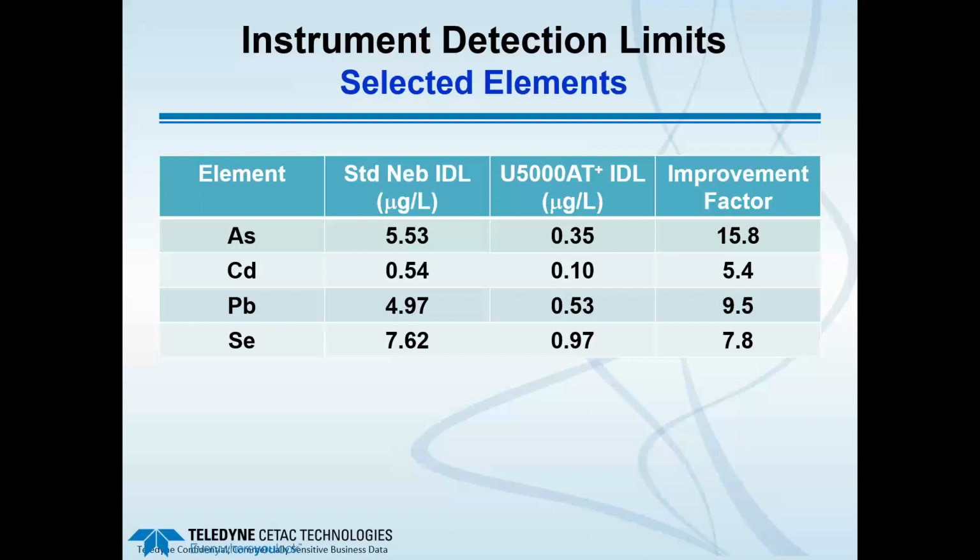But with the ultrasonic nebulizer, we can readily push these down, particularly some of the important elements like arsenic and lead, below 1 part per billion. And there you see on the far right the improvement factors. So particularly important for more difficult elements like arsenic and lead.